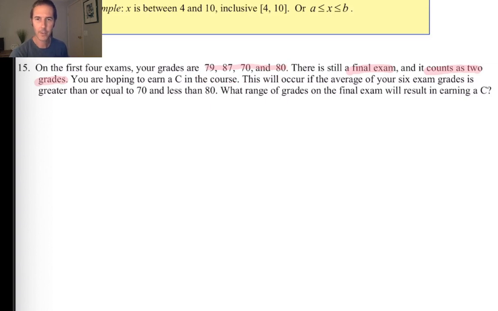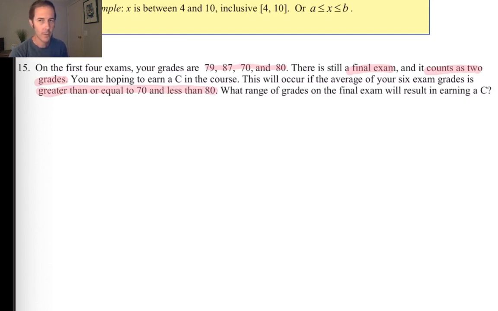We want that average to put us in the C range. So we need to get between a 70 and an 80. And what this says is that we need our final score for the course to be greater than or equal to 70 and less than 80.